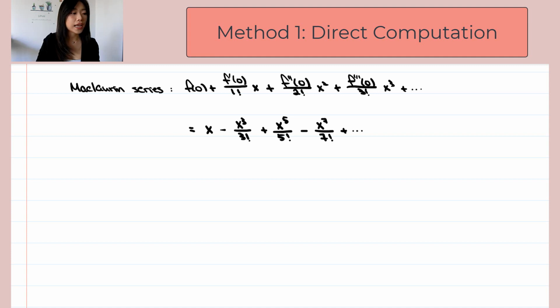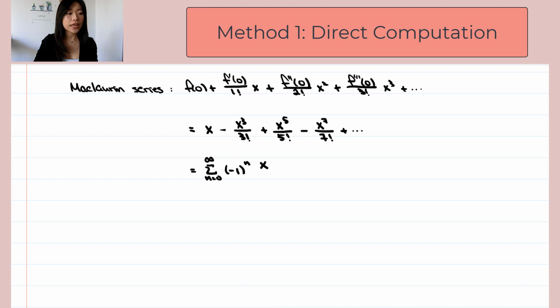We can also rewrite that in sigma notation. So this equals the sum for n starting from 0. We see that the terms alternate sign, so we have negative 1 to the power of n. For the first term, when n equals 0, the sign is positive. Then we have x to the power of some exponent.